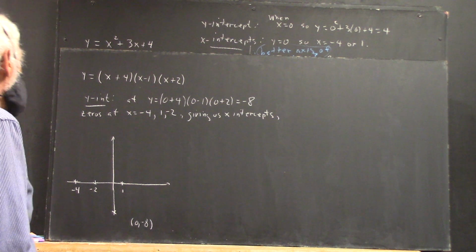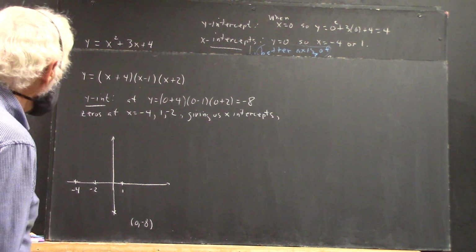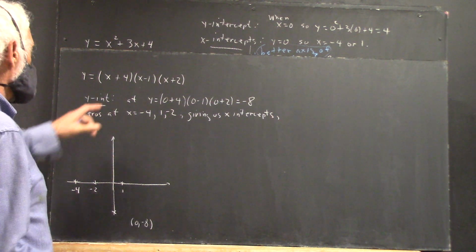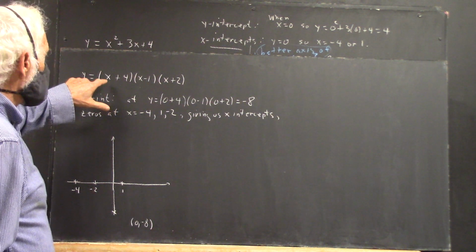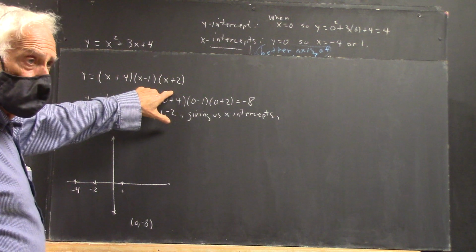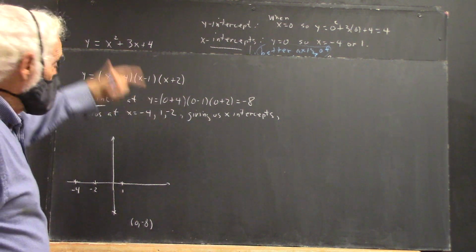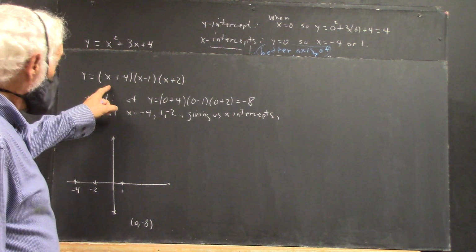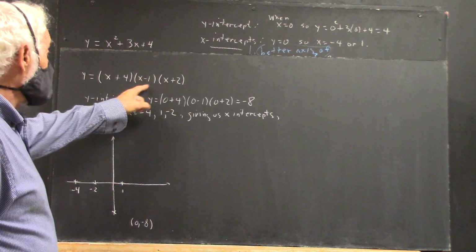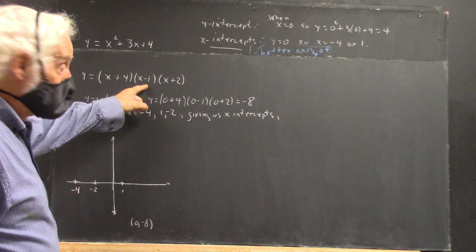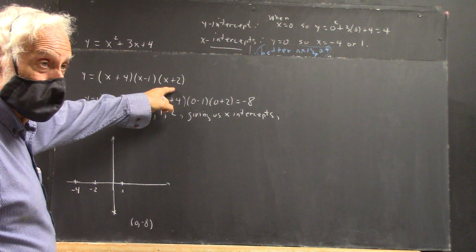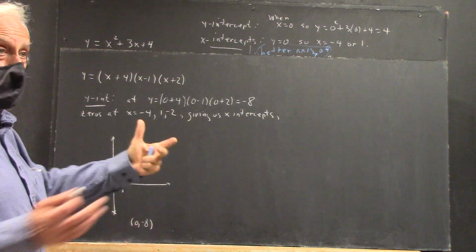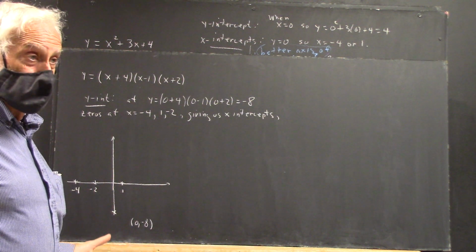Well, if x gets really big, then this acts a lot like x cubed, doesn't it? Because if x is a really big number, if x is 1,000,000, then you've got 1,000,000 times 999,999 times 1,000,002, right? Could be a little more than 1,000,000 times 1,000,000 times 1,000,000, which is really big. A little over 1 trillion, okay?